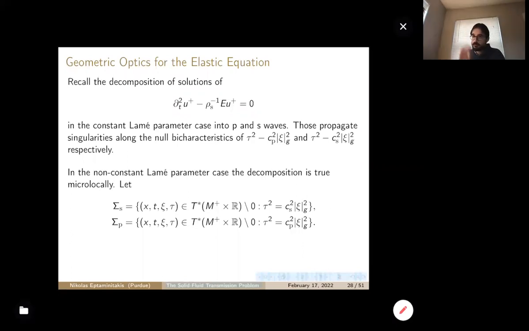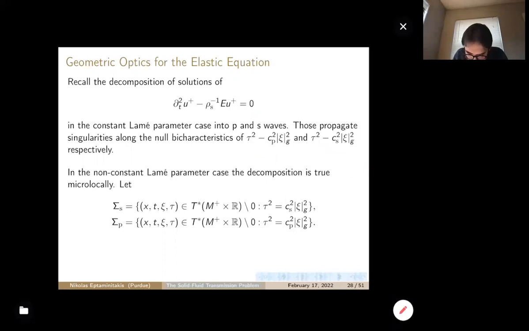And this is very well known in the geophysical literature. So the shear and the pressure waves are going to propagate singularities along null bicharacteristics of those two different Hamiltonians, where we have the p speed here, and here we have the s speed. As we mentioned earlier, the p speed is always larger than the s speed.